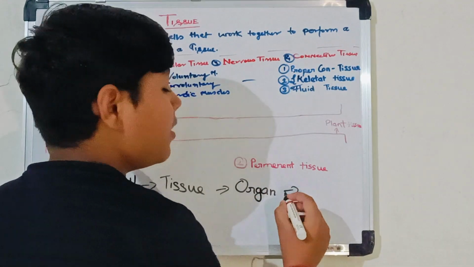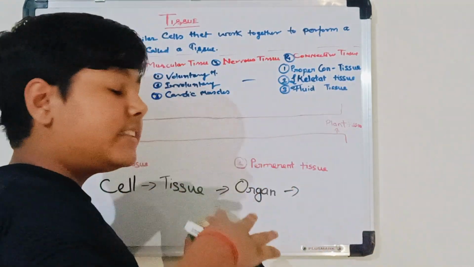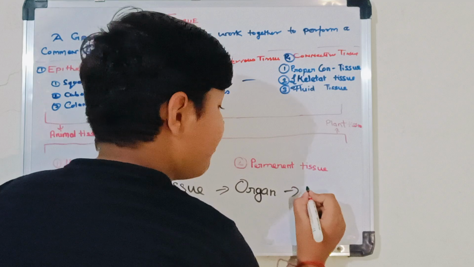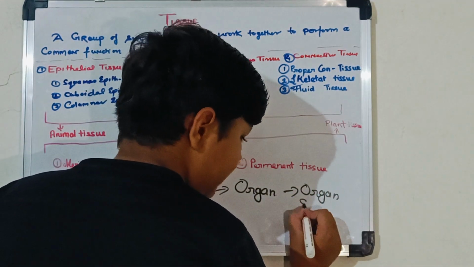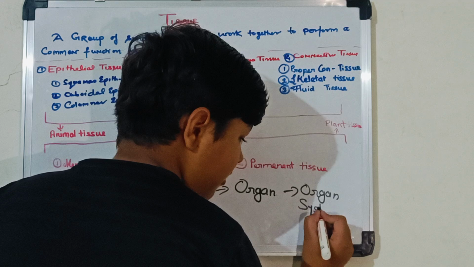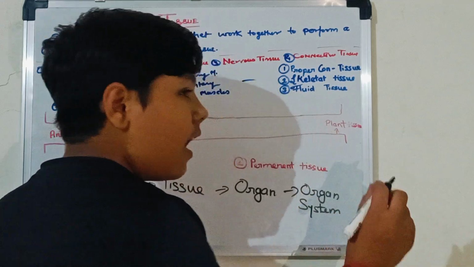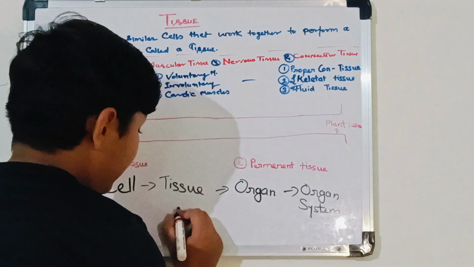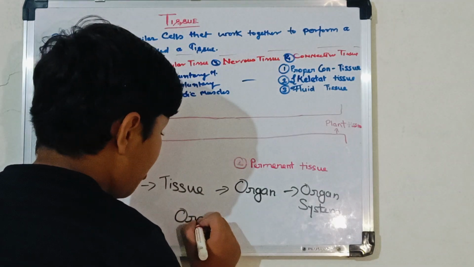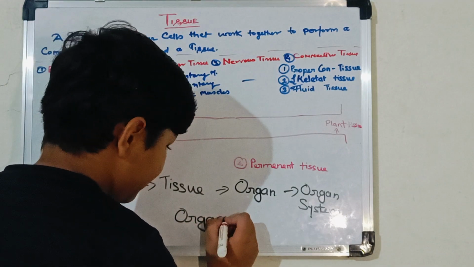And then when many different organs combine together, they form an organ system. And when all the organ systems combine, they finally form an organism.